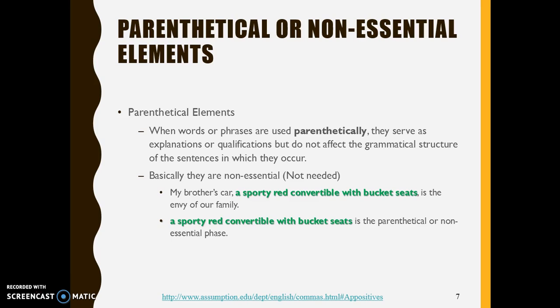Basically, they are called non-essential, meaning they're not needed. So in the sentence I gave before, My brother's car, a sporty red convertible with bucket seats, is the envy of our family, the phrase a sporty red convertible with bucket seats is what we call the parenthetical or the non-essential.